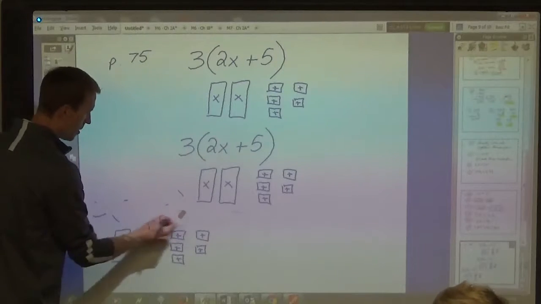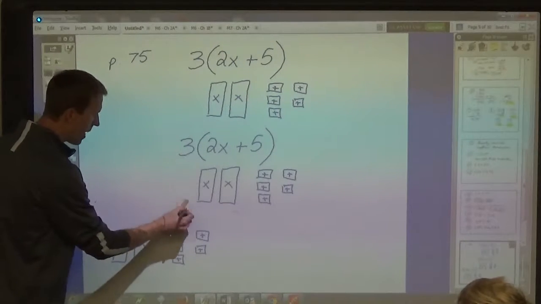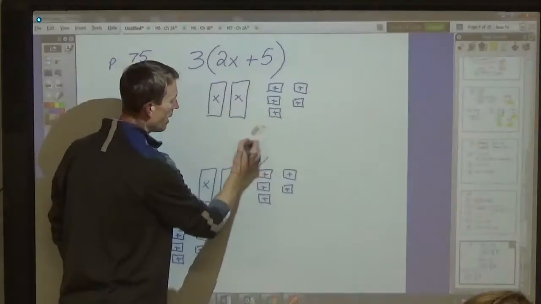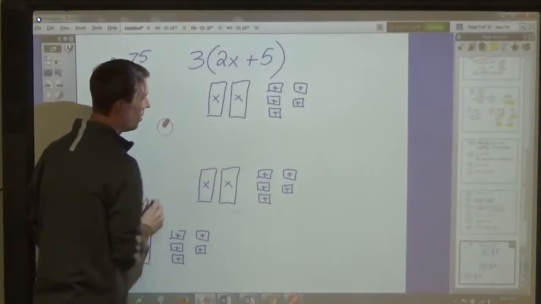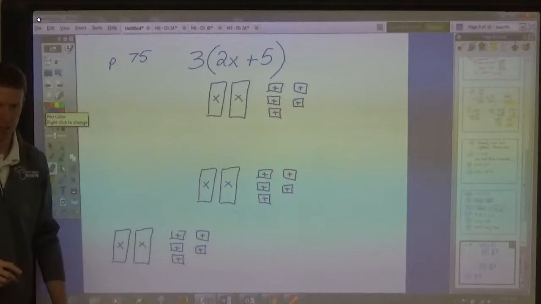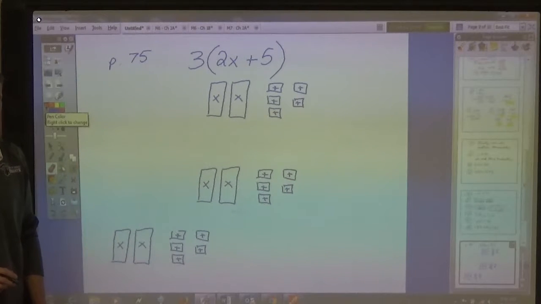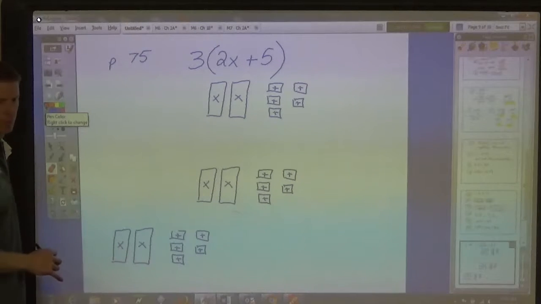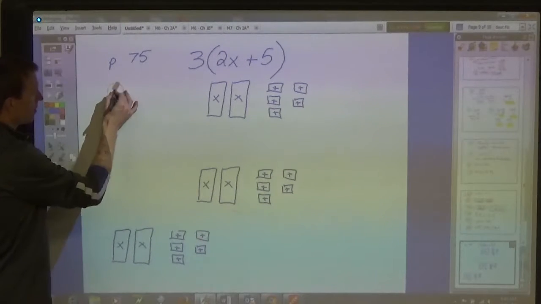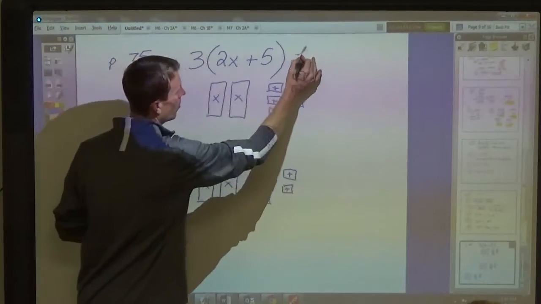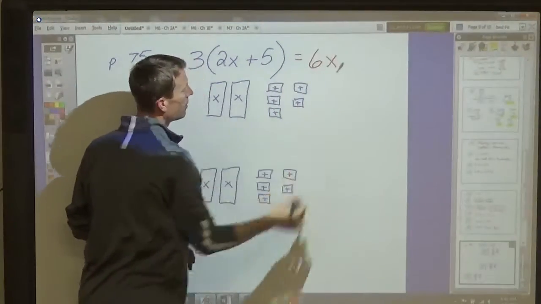Okay? Now what we can do, once we have the 3 groups, is you can write down the total and simplify it. So how many total x's are there now? How would we simplify these 3 models? 6 x's. So this equals 6 x's.